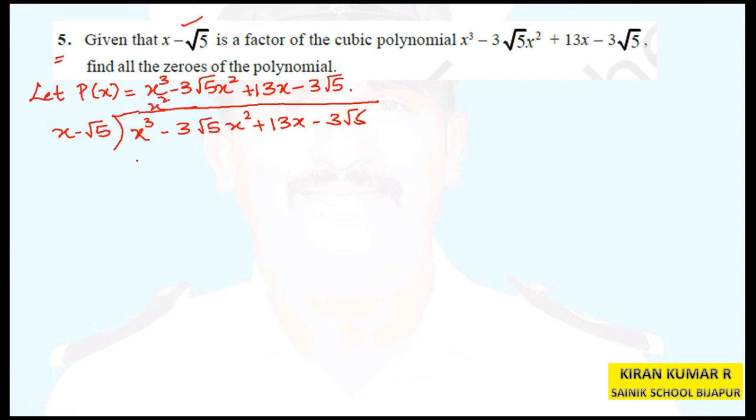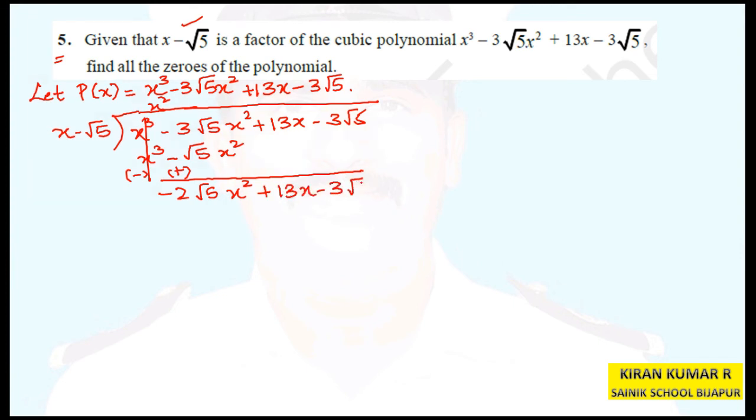Multiply x square, I will be getting x cube minus root 5 times x square. Change the sign. This term will get cancelled. We will be getting negative 2 root 5 x square plus 13x minus 3 root 5.